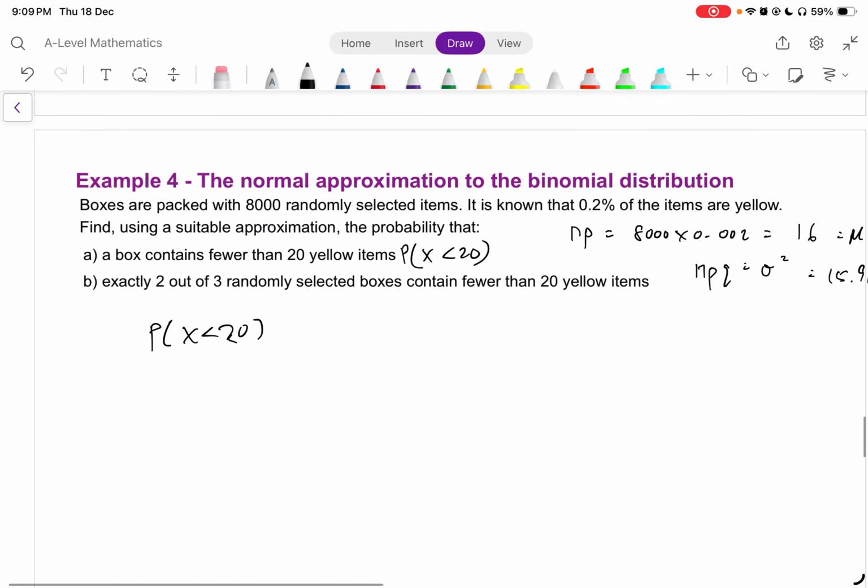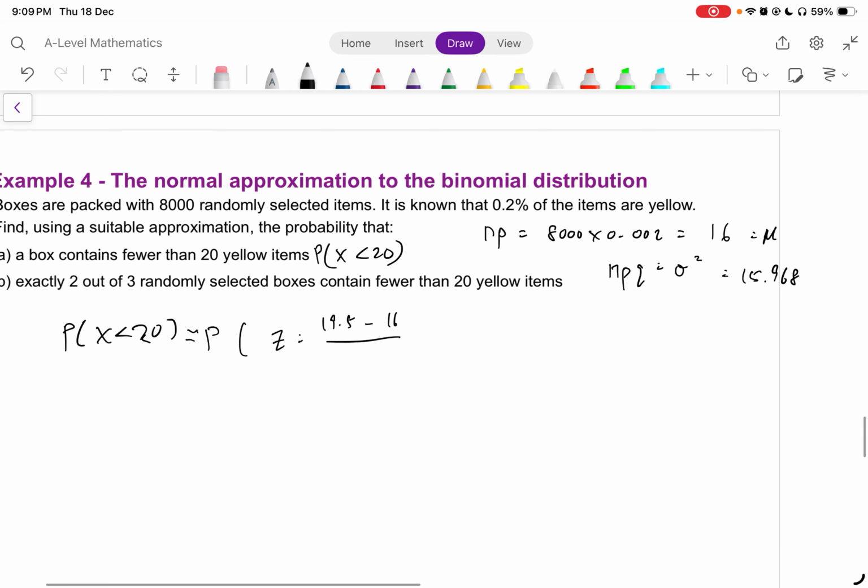Hence, I can find my approximate probability, because we want lower than 20, so we have to make sure our z value is equal to 19.5 minus 16, because that's our mean, over the square root of 15.968, which is phi of 0.876.